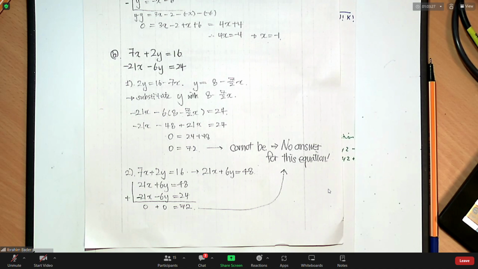Number 3 is a little bit tedious if you are using substitution, but it's possible. So what did you find the variable values at the end?